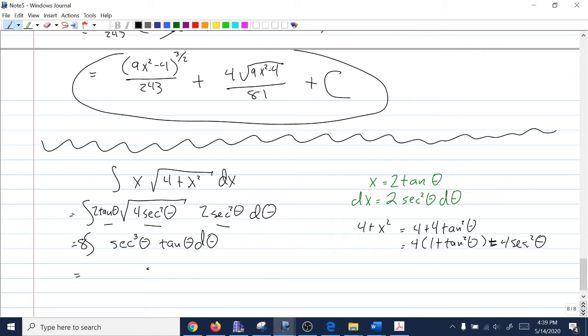This is well set up for a substitution for this odd number of tangents. It's telling me I should pull off a secant tangent. That likes the substitution u equals secant theta, because then du will be that secant theta tangent theta d theta.